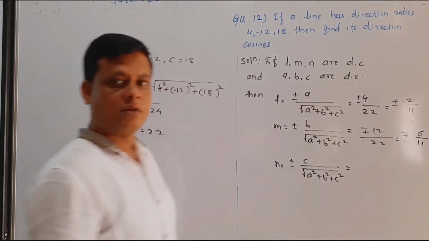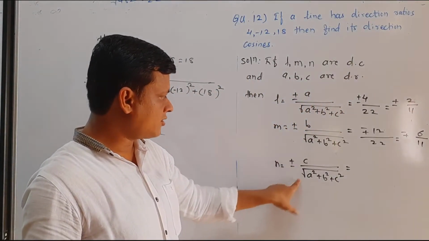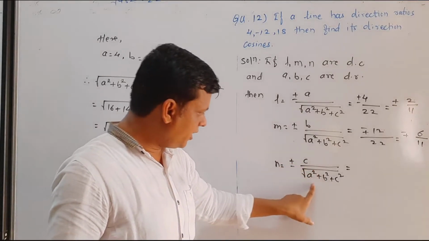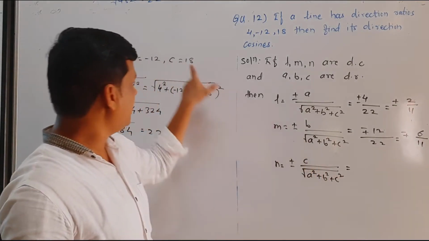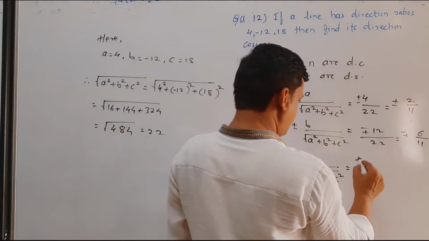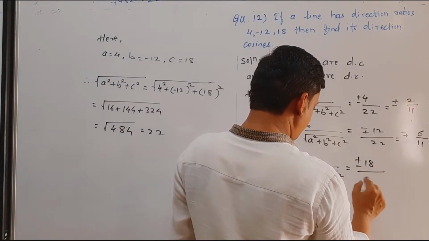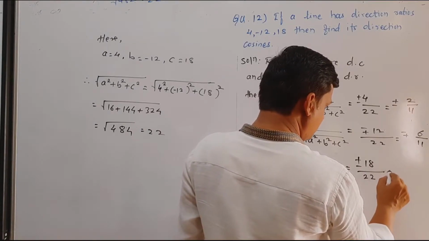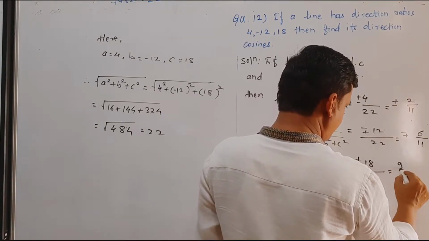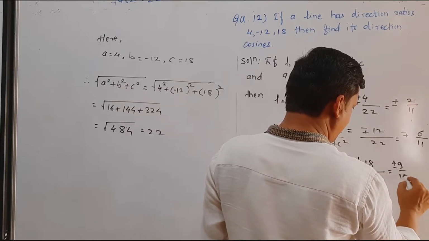Now see third, N equals plus or minus c upon under root a square plus b square plus c square. Value of c is 18, so we write here plus or minus 18 upon 22. So we get plus or minus 9 by 11.